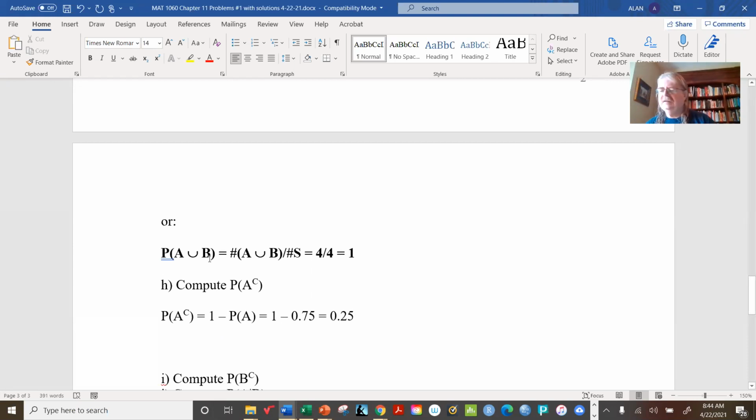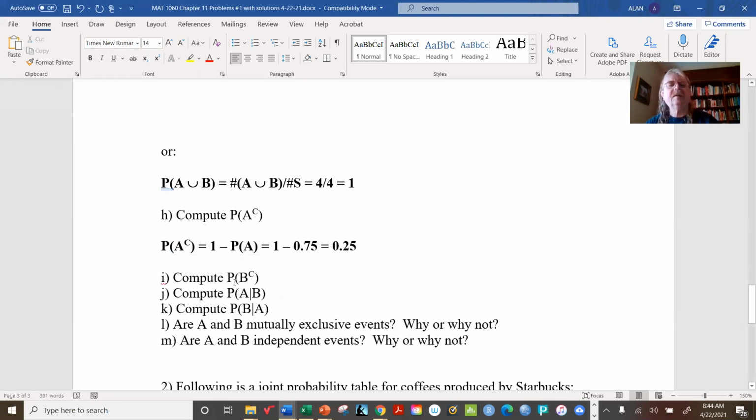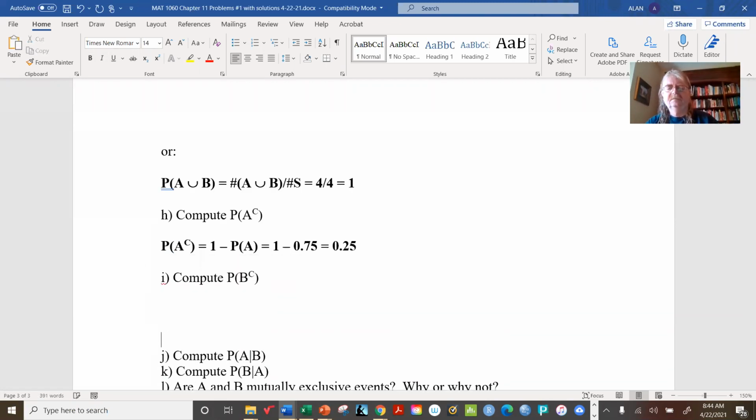It's so simple. Okay. How about B complement? Same thing. Just use the complement rule. And that turns out to be 0.75.